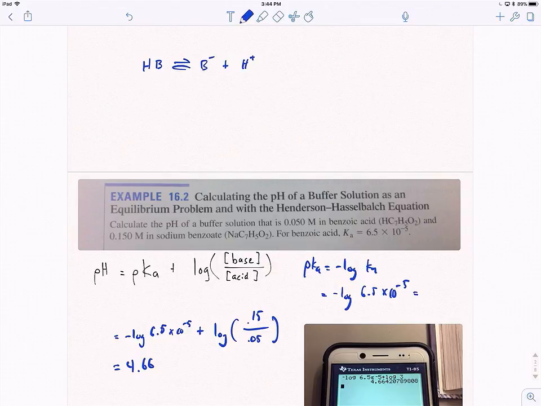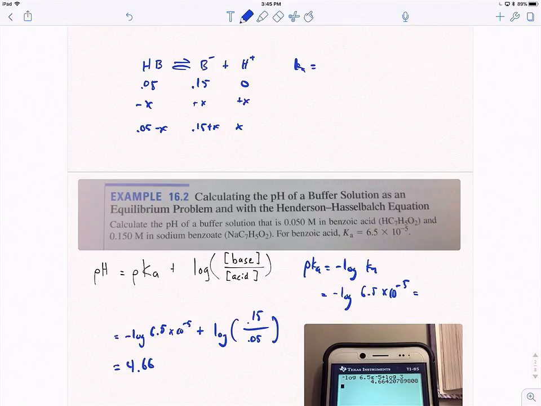So you're going to have this be 0.05, 0.150. We shift right, so we lose x, plus x, plus x, so 0.05 minus x, 0.15 plus x, and then do the acid, the Ka.